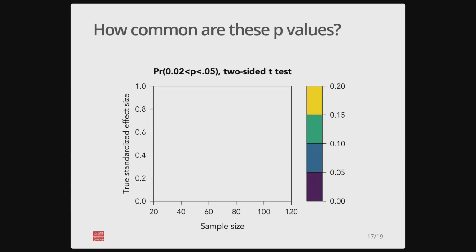So this true standardized effect size is just the true mean minus the null mean, the difference there over the true standard deviation. And now, as color, I'm going to show you the proportion of p-values that fall in that problematic range between 0.02 and 0.05.